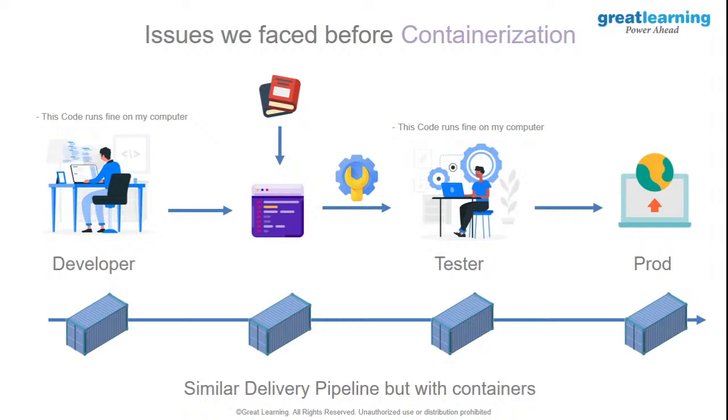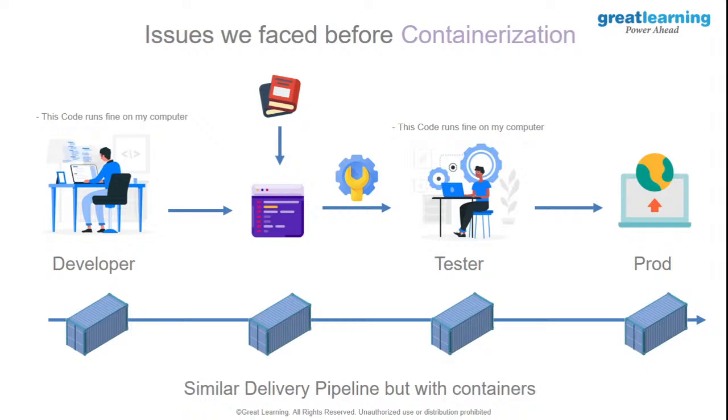So instead of sending just the code directly, he sends the container, because the container is a self-isolated, self-contained environment. Since it's a self-contained environment, it doesn't really need to interact with anything else, and all the processes that need to happen on this code, such as the building process and the testing process, happen within the container itself.